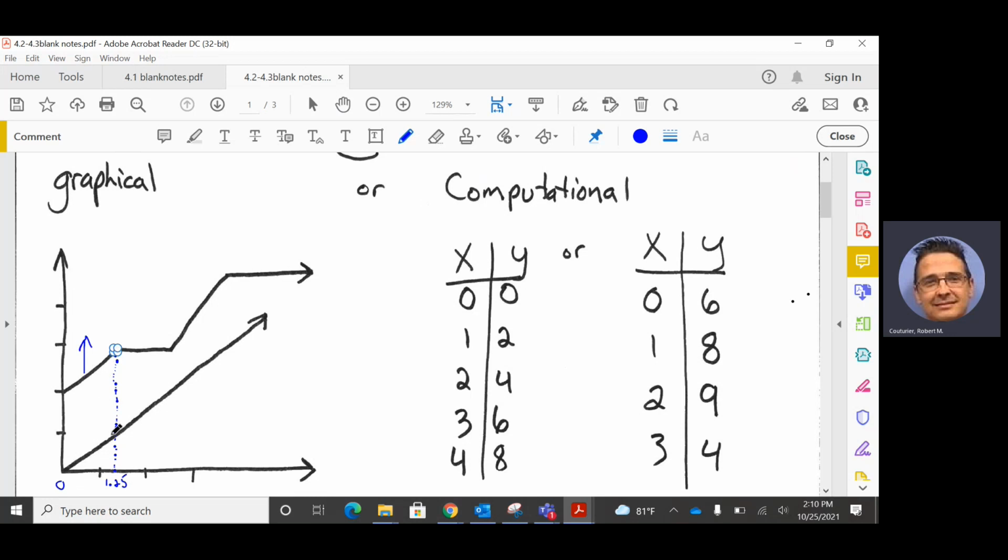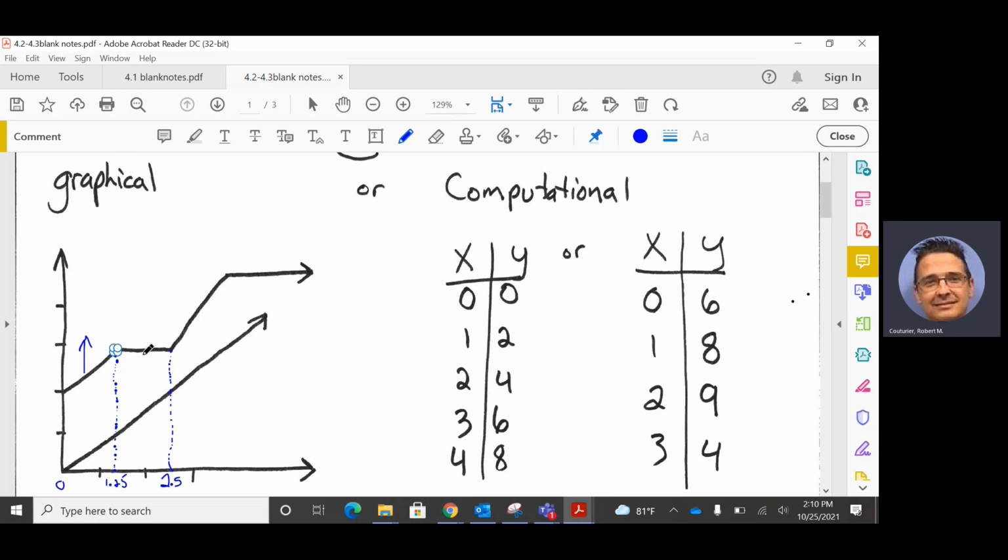It's going up. And then from 1.25 to, I guess this would be like 2.5, there's no change. There's zero change. It's a horizontal line here.